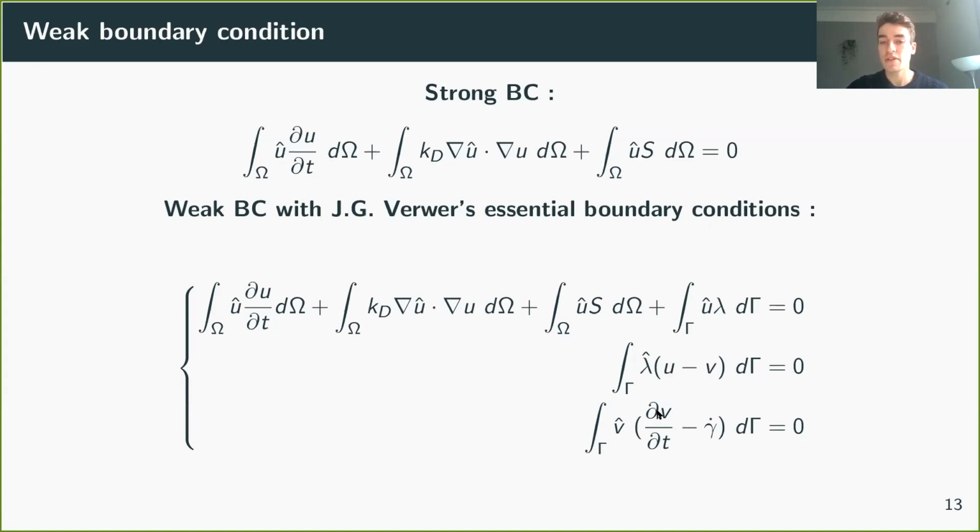On the boundary, we want V to correspond to the differential equation equal to gamma dot. Then to impose this new value of U, we use the Lagrange multiplier here. So we have this new weak formulation that we can directly use in the code.